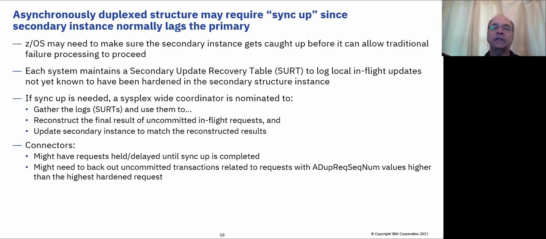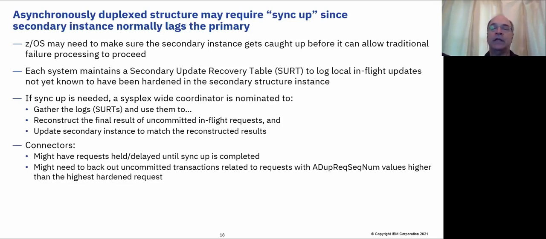So each of the z/OS systems is going to maintain a secondary update recovery table, or SURT, to keep track of what's in the primary and what's on its way to the secondary. And then it can check off the ones once they've been there, right? Once it gets back an LCOSN that corresponds to that particular one, it can check off, say, yeah, I've got that one, I've got that one, I've got that one.